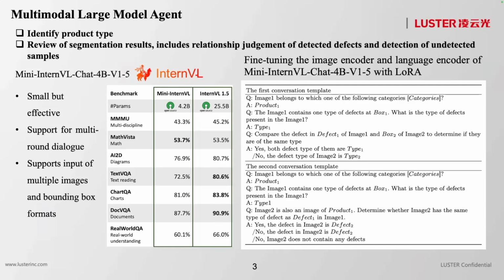And the second one, review of segmentation results, which includes relationship judgment of the detected defects and detection of undetected defects. Finally, MiniInternVL with 4 billion parameters is used as our agent model, and we designed two conversation templates to fine-tune the image encoder and language encoder with LoRA.